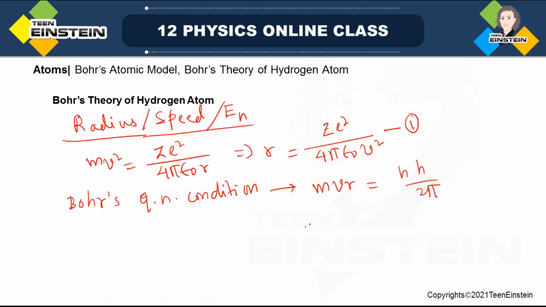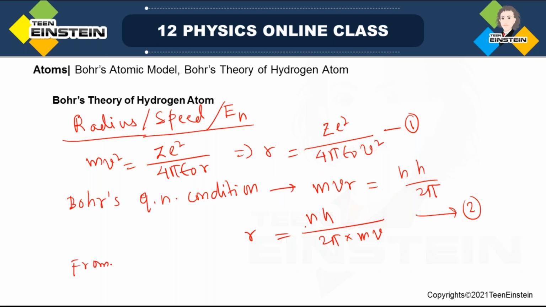So from here we can find out what is r. So r is nh by 2 pi, where h is the Planck constant, into mv. Now look what we can do. We have got equation number 2.